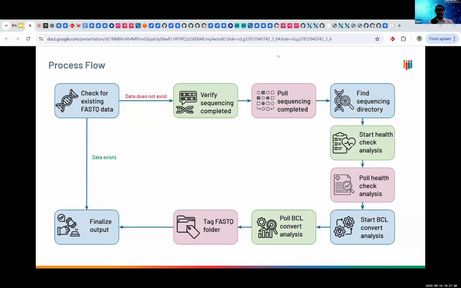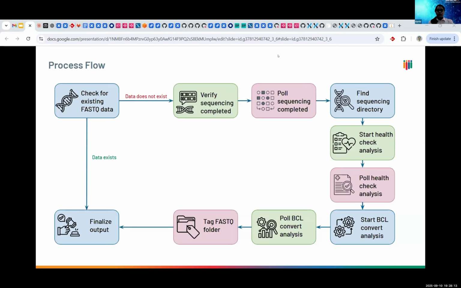This is done in ICA because the base pairs in ICA are linked to a project, as I've already mentioned. Once we find the sequencing directory, we start a health check analysis. It is to see if all the files are present and that no required file is missing from the folder. The health check pipeline is a custom pipeline that Strand has helped port into ICA.